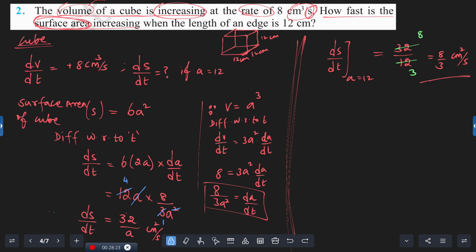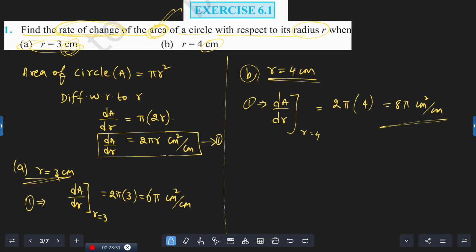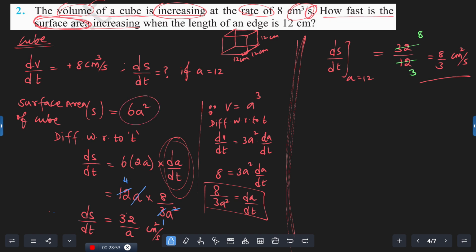Listen, in the previous one we directly got an answer, but here there was an extra portion. The previous one was in the R variable. They asked to differentiate with respect to R, so we directly got an answer. But here, we have a variable in A, but in the given they used time, seconds. So you have to differentiate with respect to time.